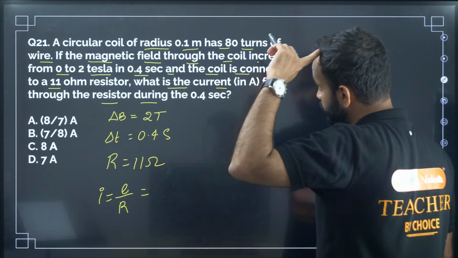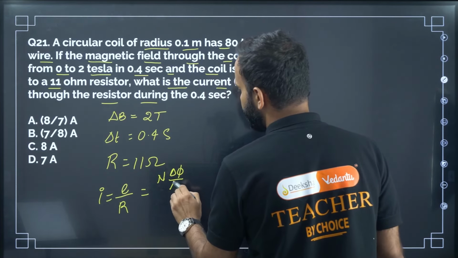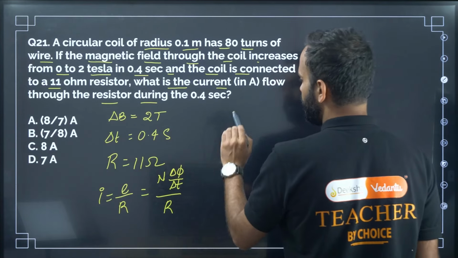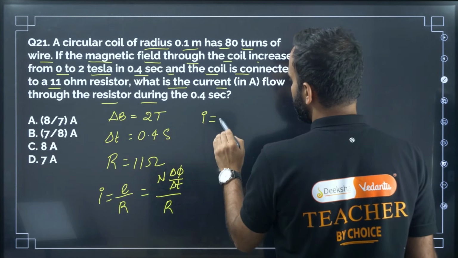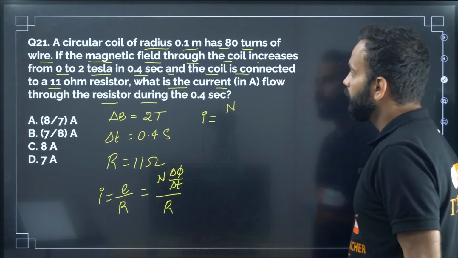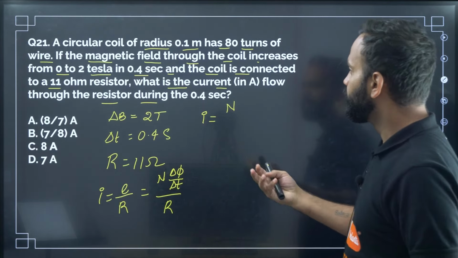Induced EMF is N into delta phi divided by delta T, whole divided by R. That is the induced current. Now N is 80 turns. The area of the circular coil is not changing, but the magnetic field is changing.